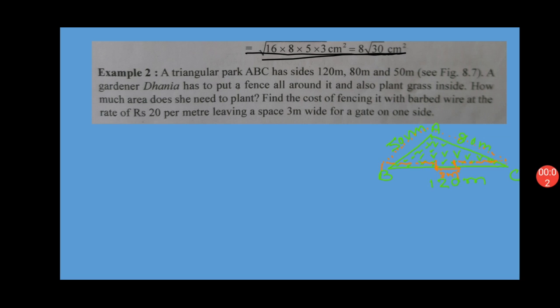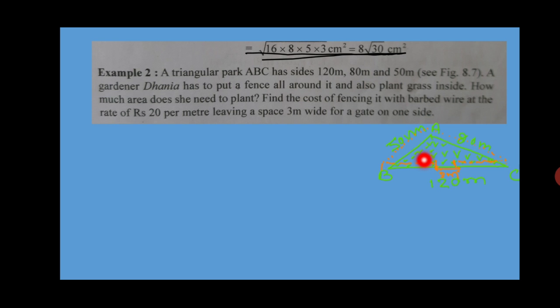See, this is an interesting problem. Try to understand while reading the question. A triangular park ABC has sides 120 meter, 80 meter and 50 meter. A gardener Dhanya has to put a fence all around it and also plant grass inside.